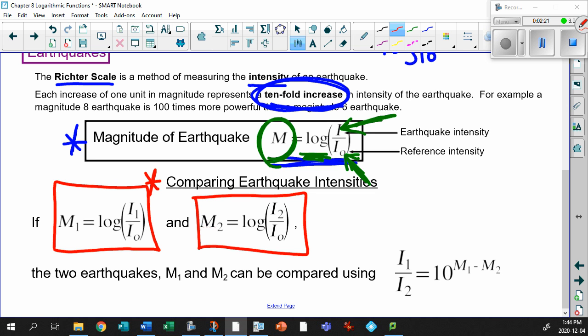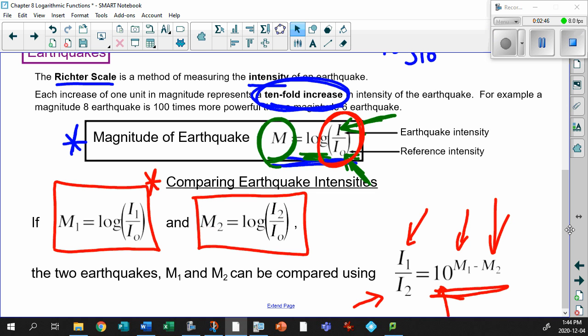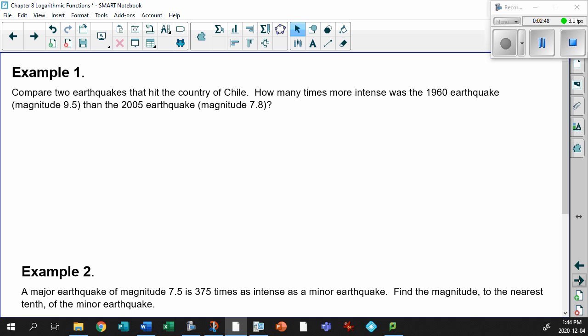You're comparing the intensity of one earthquake to the intensity of the other. But the nice thing about logarithms is that because this is base 10 and this is division, all you have to do is subtract. Base 10, subtract one magnitude from the other magnitude, and you've got the answer. This is going to be easy. Let me show you how this works.